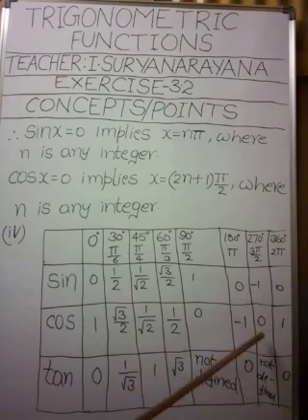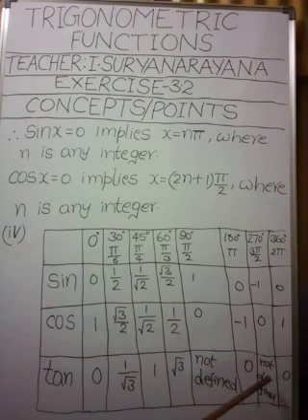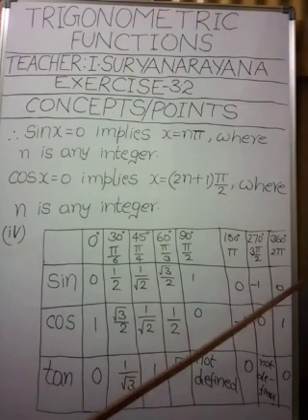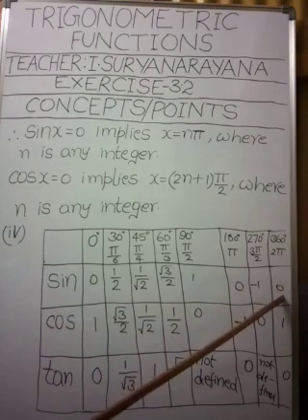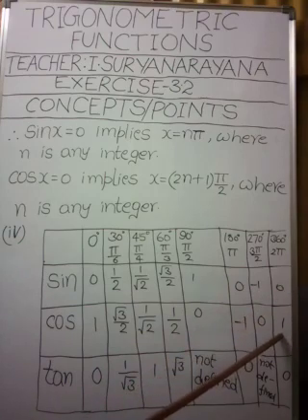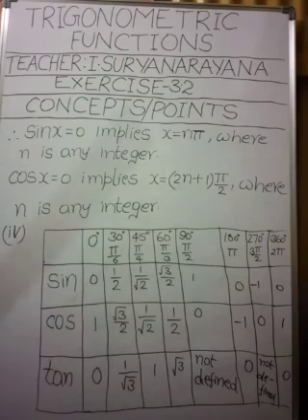Not defined because denominator is 0. So we say that not defined. Understood this point, my children? Right. Similarly, tan 360 degrees is equal to sin 360 degrees by cos 360 degrees, 0. Remember all these values, my children. Okay. Right.